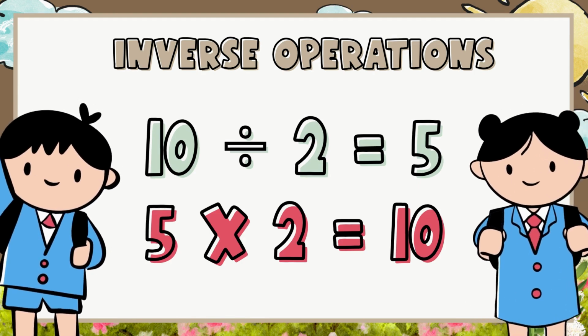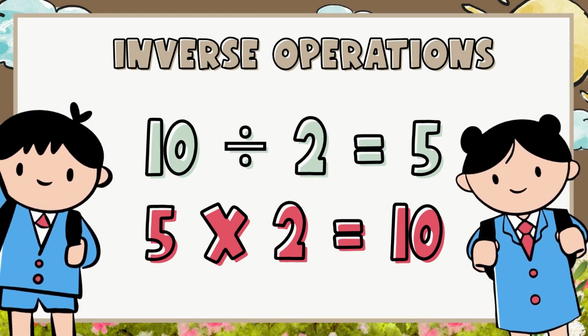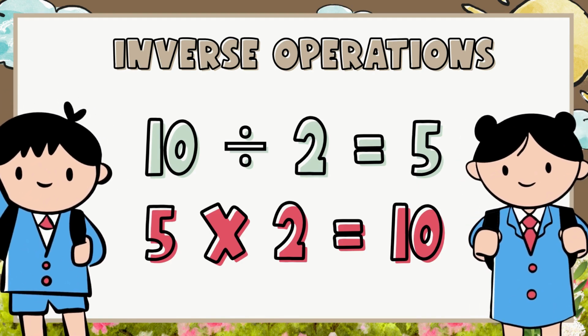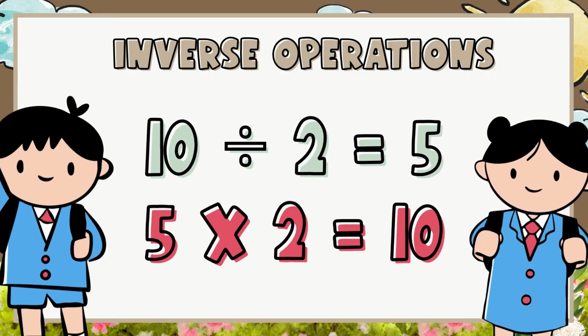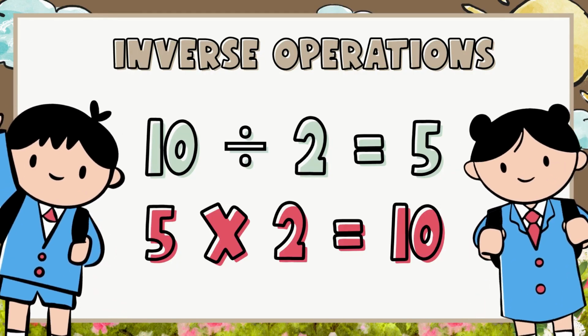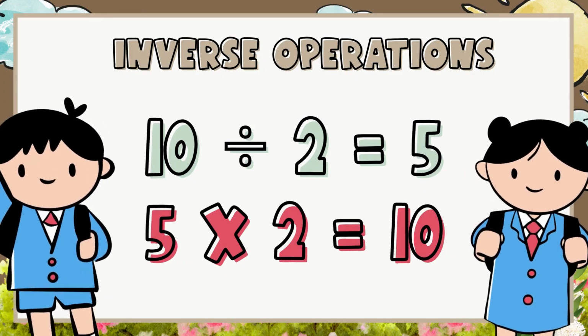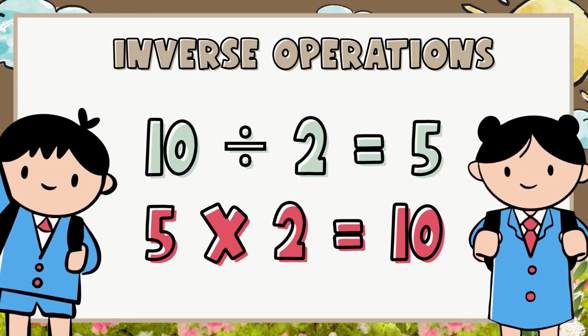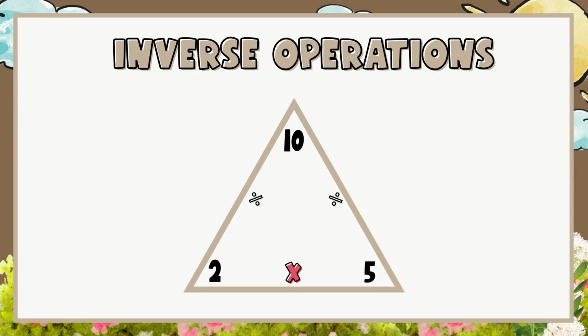You see, division and multiplication are like cousins. One cousin stands for division and the other cousin stands for multiplication. So they are inverse operations. When we look here, even at our fact families, if we know that 2 times 5 equals 10, then we should also know that 10 divided by 5 gives us 2, or 10 divided by 2 gives us 5.